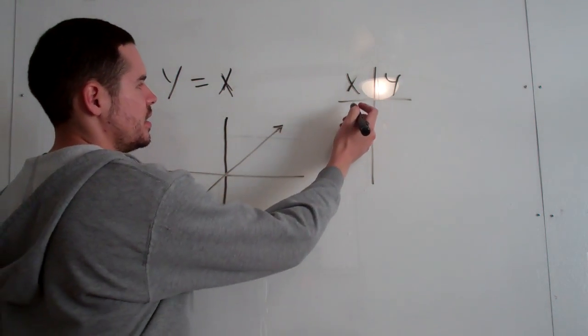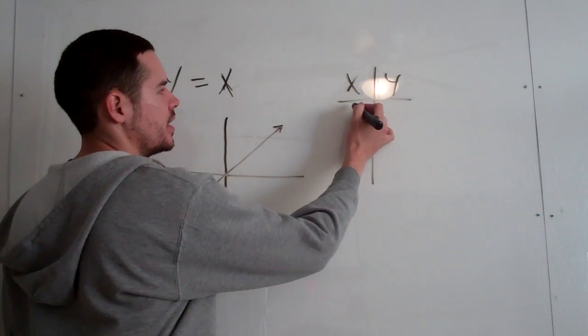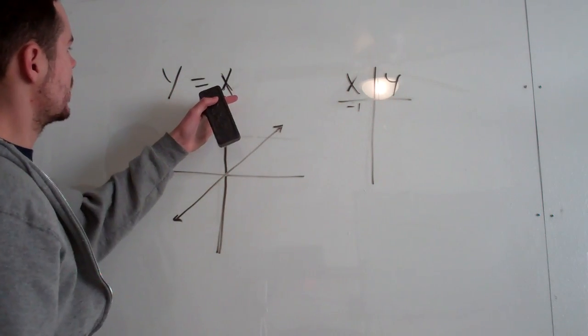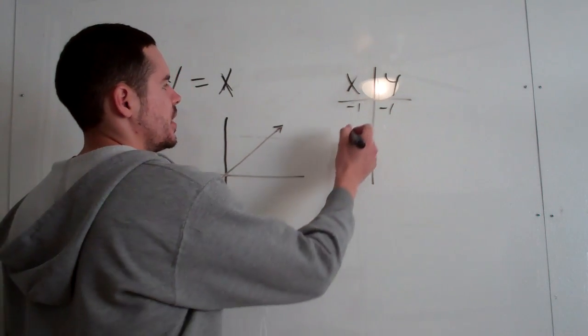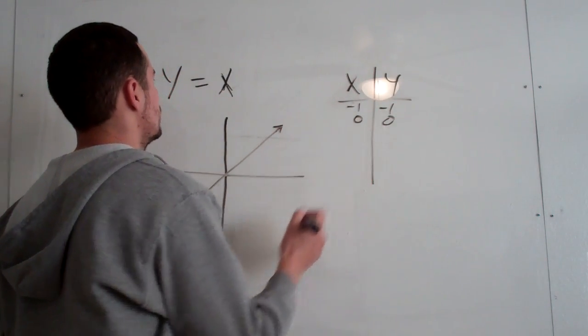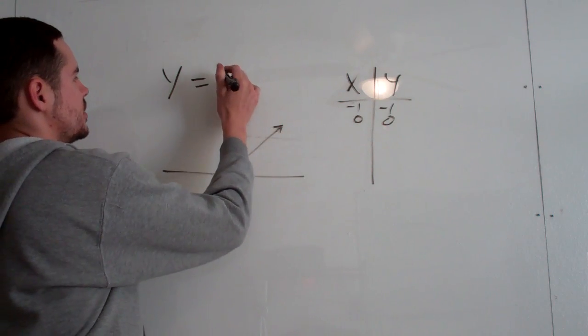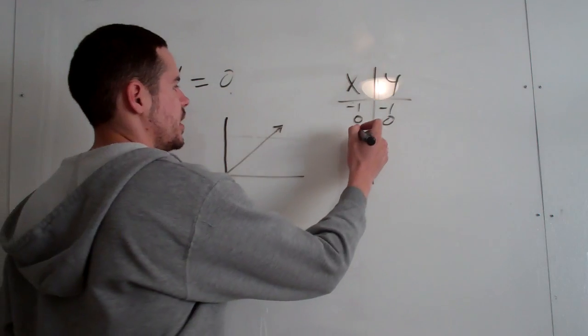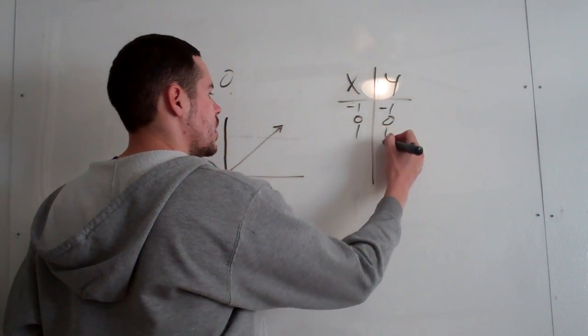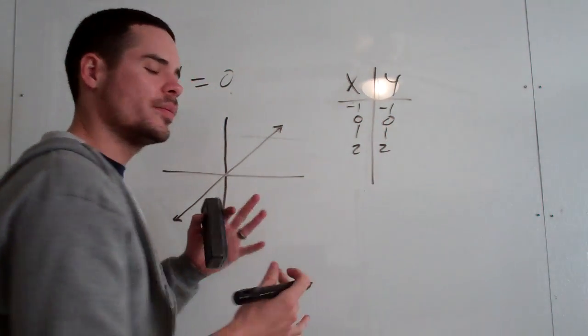Because if I plug in anything for x, if I plug in a -1 right here, well then y is going to equal -1. So -1. If I plug in a 0, then y is equal to 0. Right? Because if I plug in a 0 for x, y is equal to 0. If I plug in a 1, y is going to equal 1, 2, 2. And it keeps on going for infinity.